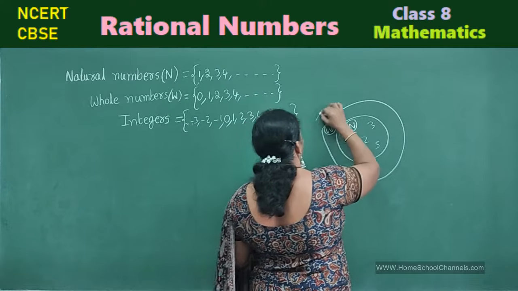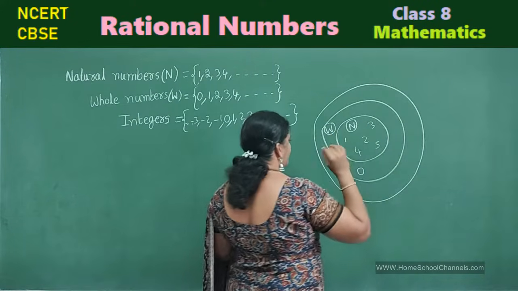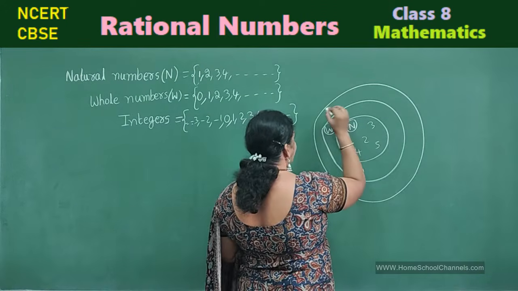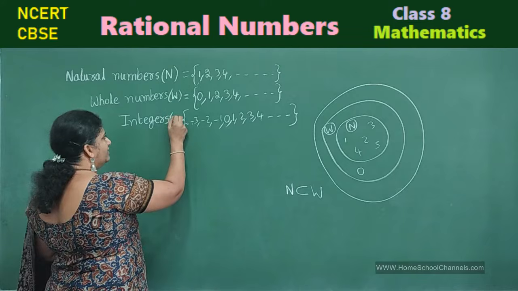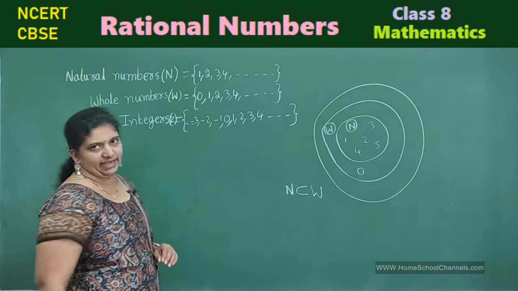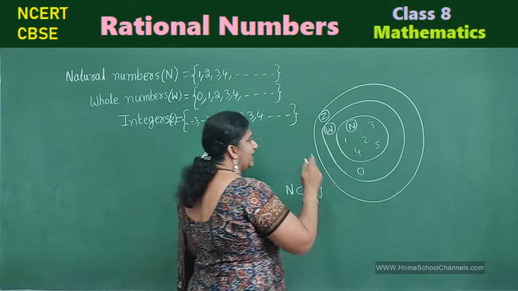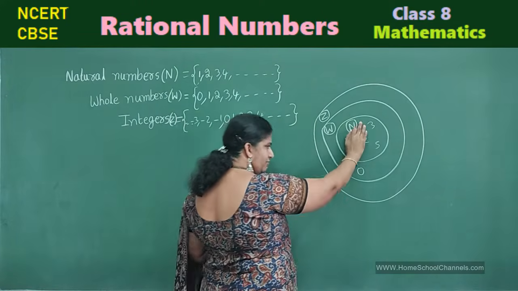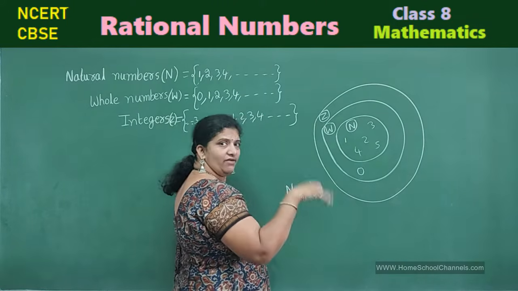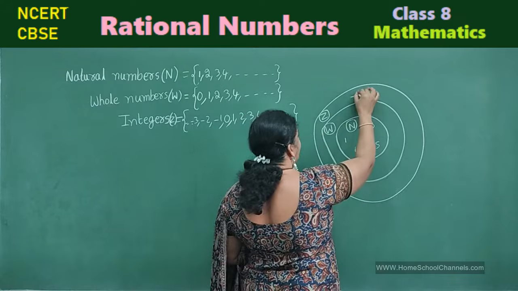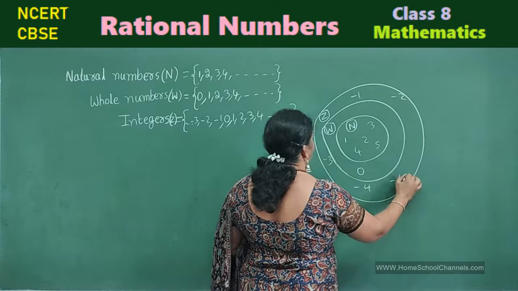Let us take one more round here. This round indicates integers. Integers are represented by the letter I or Z. So let me write capital Z here. In integers, natural numbers will be there, whole numbers will be there, and extra what do you have in integers? Negative numbers. Negative numbers are extra.